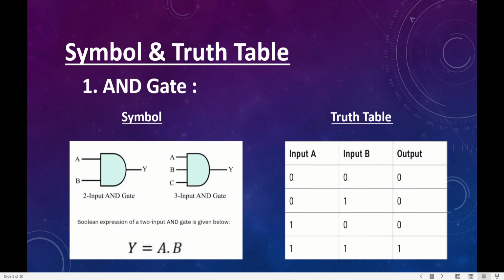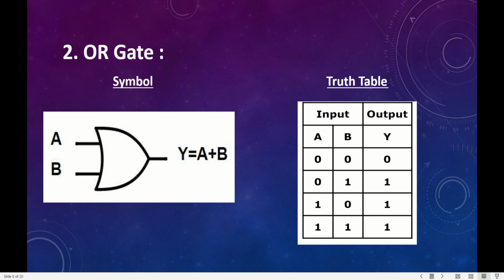And then we talk about the OR gate, and this is the OR gate symbol and the OR gate truth table. So there are 2 inputs and 1 output, and the 2 inputs are added, and this is the output.